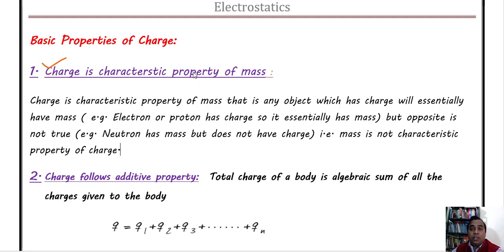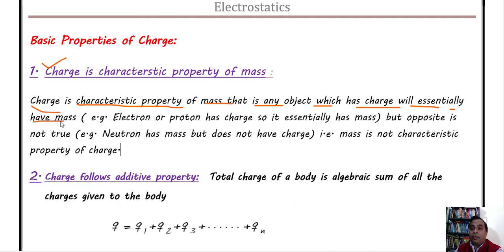So that's the statement taken. Charge is the characteristic property of mass, but mass is not a characteristic property of charge. Any object which has charge will essentially have mass.